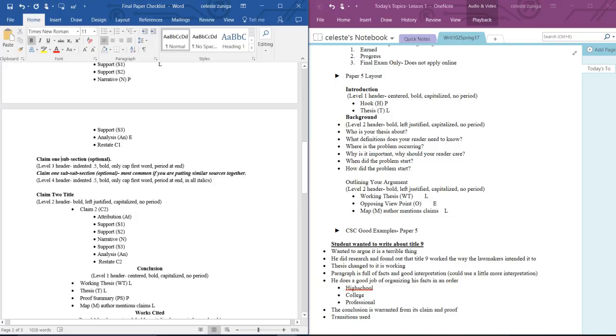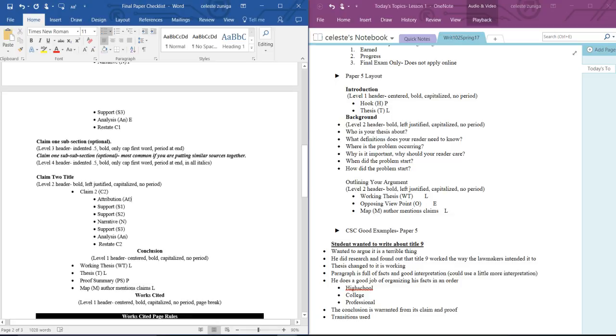And one of the subsections could be all the sources who disagree with you, and then another subsection could be all the sources that agree with you. However you want to organize it, that's cool with me. Organize your subsections how you need to organize them. You can be creative in this, or you don't have to be, right? It's going to be better if you do some sort of organization with your sources.